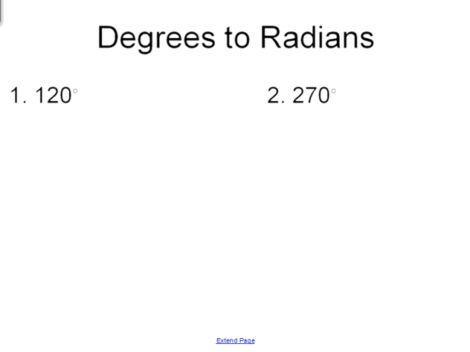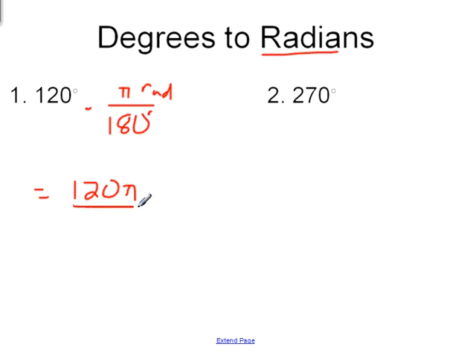So now we're going the other way. Since I want my degrees to cancel, I want my degrees on the bottom. I want radians on top, because I want my final answer to be a radian. So we have 120 pi over 180. What are some common factors there?